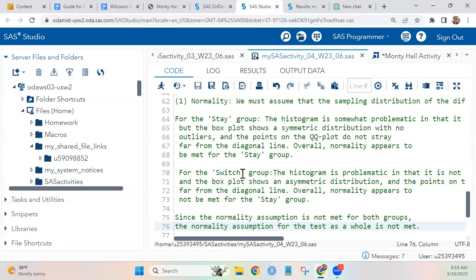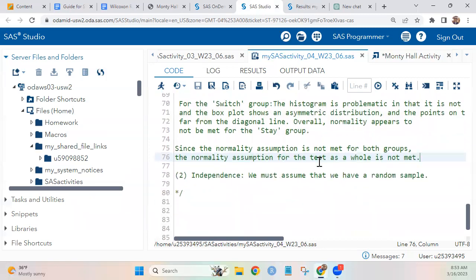In general, if your sample size is big, you can still use the t-test when you have a discrete response variable, but it's the combination of the sample size being small here, a discrete quantitative variable, and not bell-shaped distributions. There's just a lot of things that are problematic here. So not met.